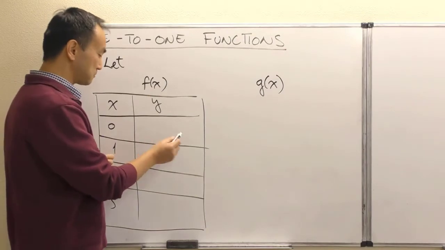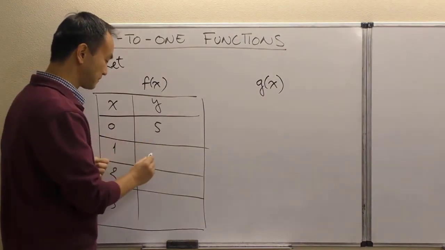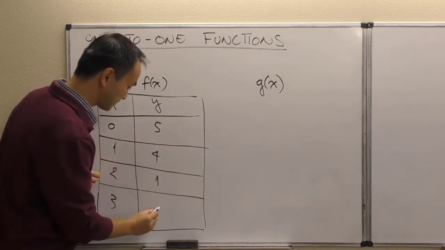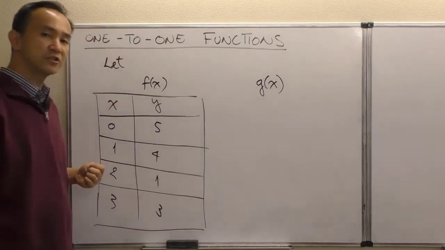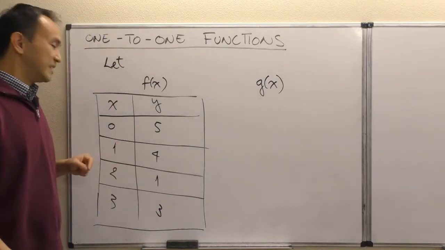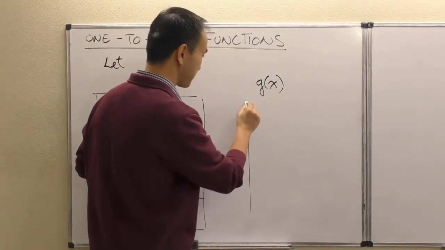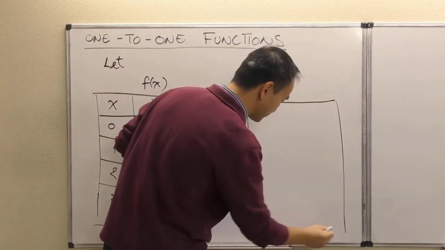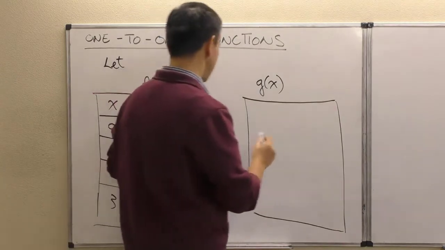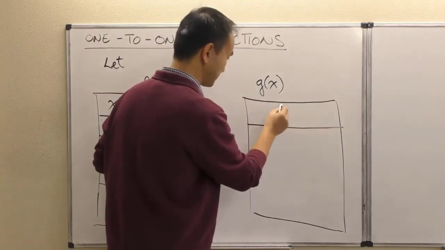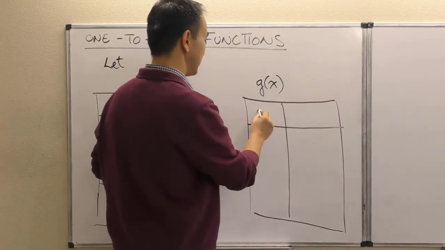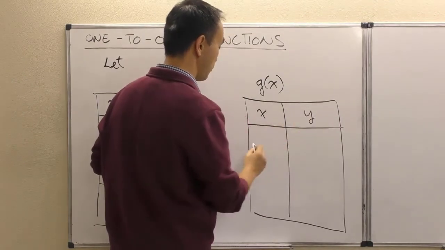Here, these are the output values. And now, for g of x, we have the following table, with input and output.